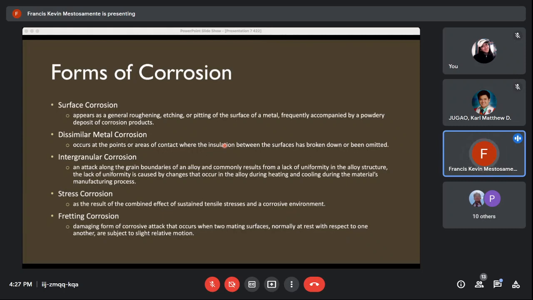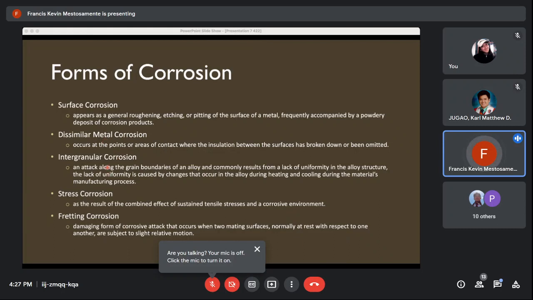However, due to time, wear and tear, nasisira yung insulation na yon and hindi agad nakikita or na-inspect. Nagkakaroon tayo ngayon ng contact with those two dissimilar metal which could lead again sa redox process.